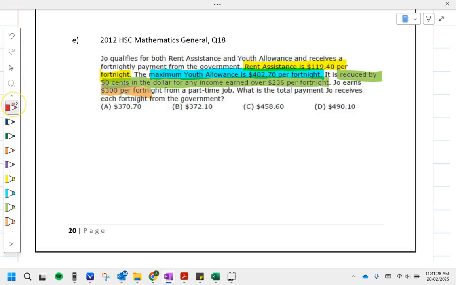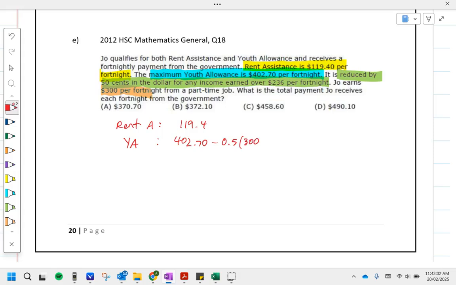So Joe receives rent assistance, that's $119.40. And youth allowance, I'll just call that YA. Youth allowance, maximum is $402.70 per fortnight. But we might need to minus because she earns more than the 236. So it says 50 cents in a dollar, so that's 0.5 because that's $0.5 for every dollar over 236.